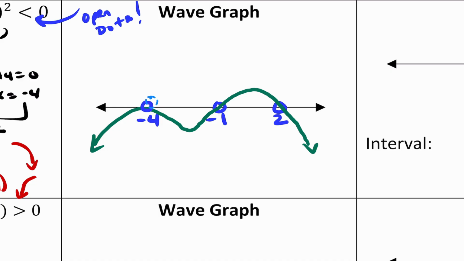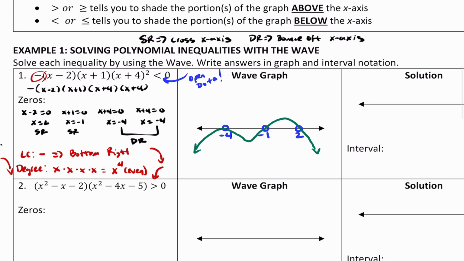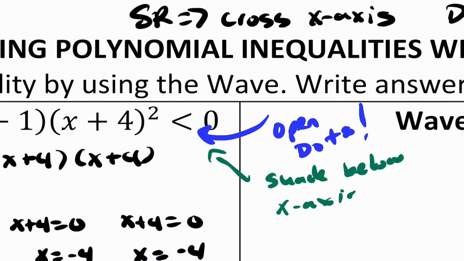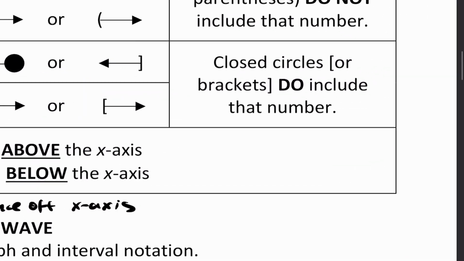With a little adjustment, actually. There you go. Okay, so there you go. Now, we have to shade. So since this is a less than sign, I need to shade below the x-axis. So we talked about it over here.